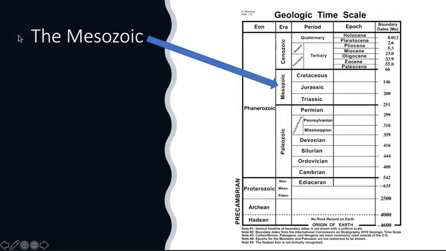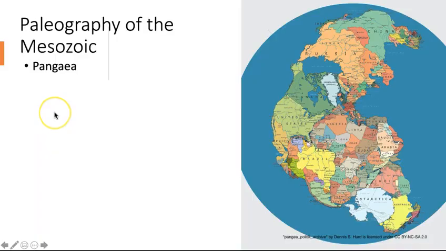The Mesozoic Era includes three periods, the Triassic, Jurassic, and Cretaceous, and spanned 251 to 66 million years ago. Entering the Triassic, Pangaea was fully assembled, but by the end of the period, tensional stresses had started pulling it apart.